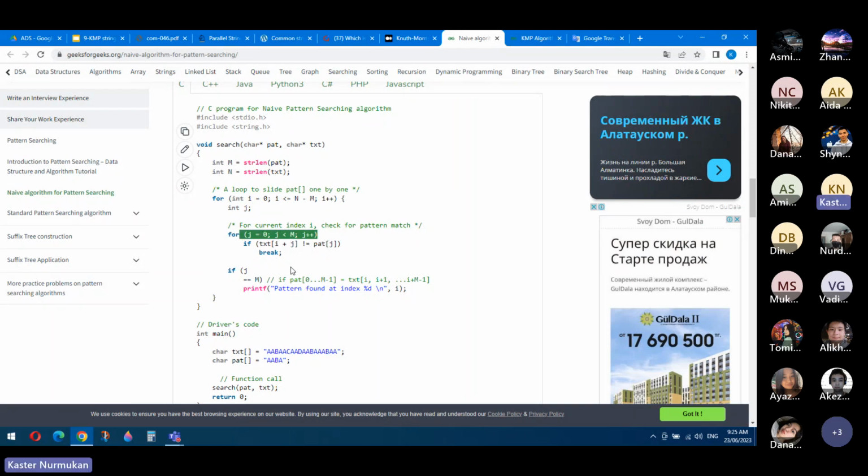Let's say this way. If it doesn't match, they will just keep continuing. If it matches, they will find out what the index is.